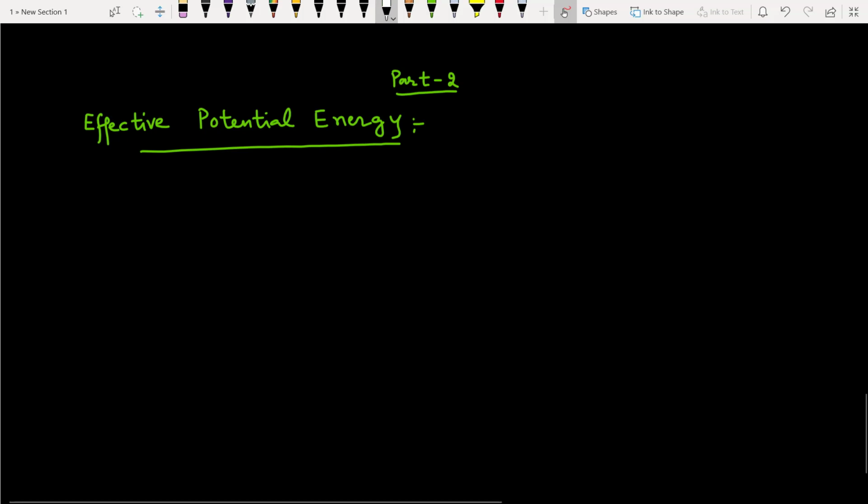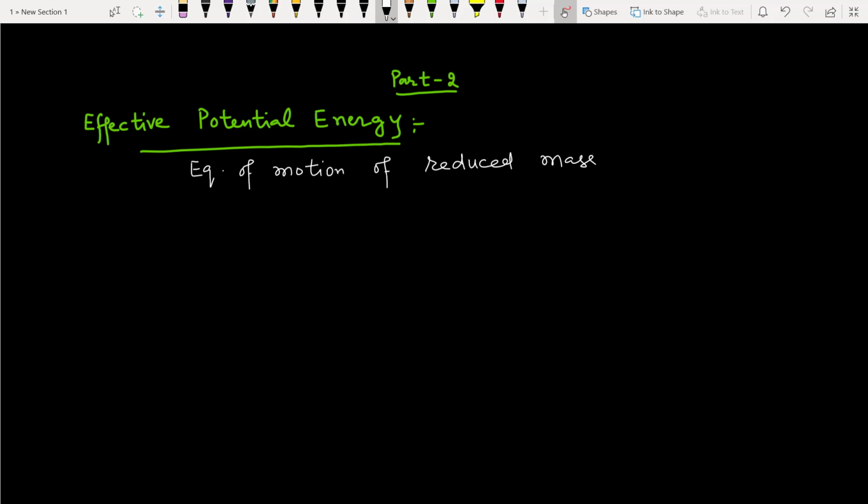So we rewrite the equation of motion of the reduced mass we derived in the previous lecture: mu r double dot equals Fr plus mu r theta dot square. As L is equal to mu r square theta dot, theta dot is L upon mu r square.